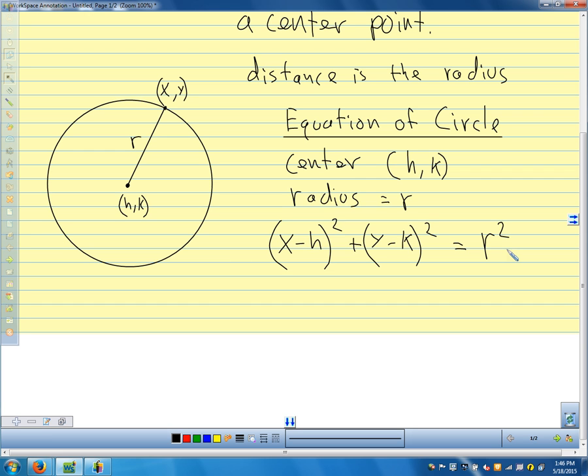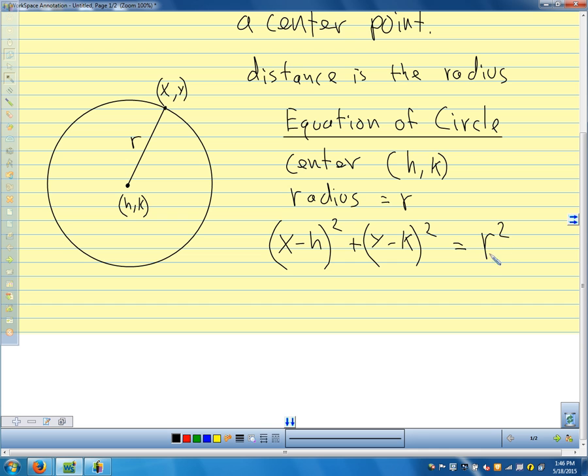So, a couple of things about the equation. Whenever we have the equation, we can figure out what the center is. Notice that these are opposite signs: it's minus h here and plus h there, and a minus k here and a plus k there. So we switch the signs when we go from the coordinate of the center to the equation.